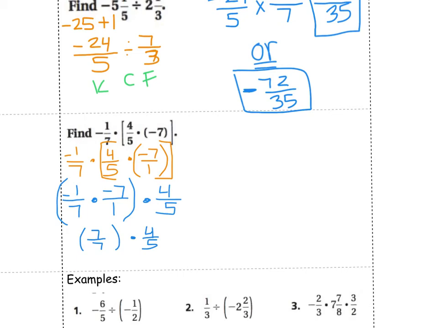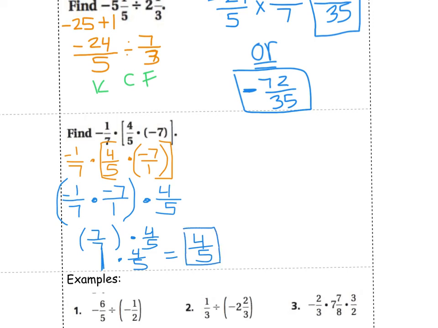So 7/7, that's also the same as saying 1, like 1 whole. And then don't forget about that 4/5. So 1 times 4/5 is just 4/5. How easy was that?